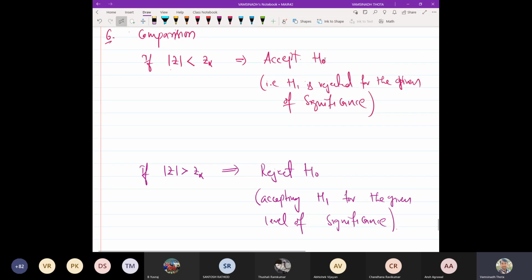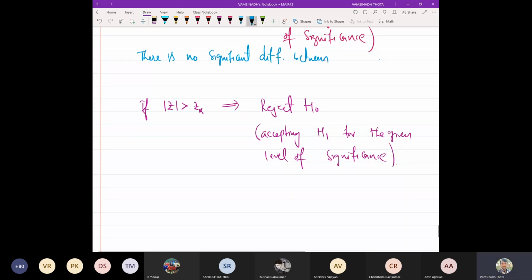What are we actually accepting when we accept H0? What does it mean? It means there is no significant difference between sample versus sample or sample versus population. There is no significant difference between the sample mean and the population mean, or the first sample mean and the second sample mean.